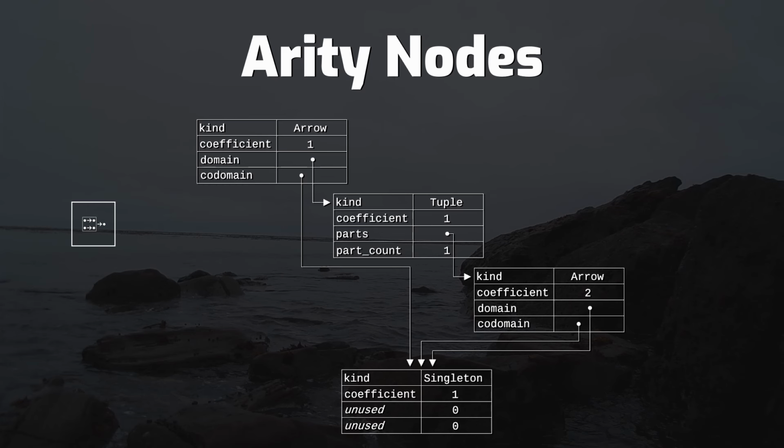As a final example, let's look at this Arity we saw earlier for the function comparison test, which takes in 2 unary operators and outputs a value. Its root node has an arrow kind. Its domain points to a node with a tuple kind, which then contains 1 part node for the 1-to-1 Arity and a coefficient of 2 on the 1-to-1 Arity. Then finally, the codomain of the root points to a node for the singleton.